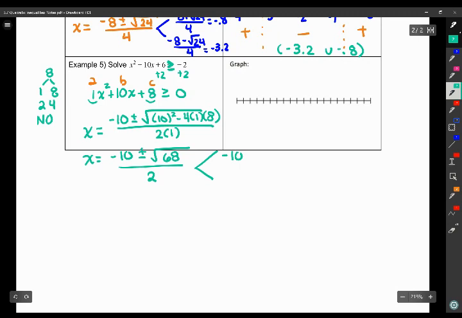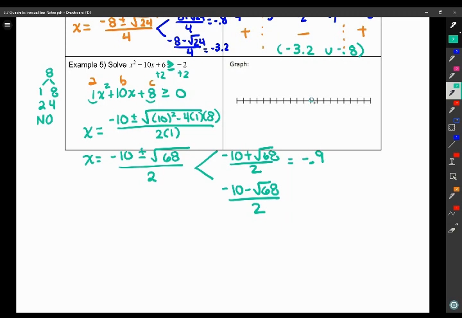I've got negative 10 plus root 68 divided by 2, which is negative 0.9. And then you have negative 10 minus root 68 divided by 2. Remember plus and minus, and remember to do the top before you divide. This is negative 9.1.